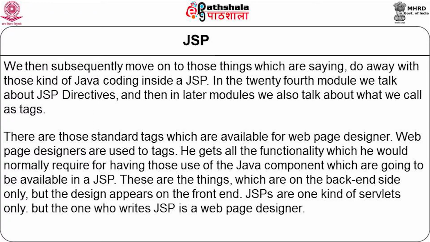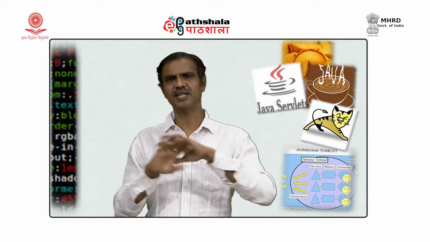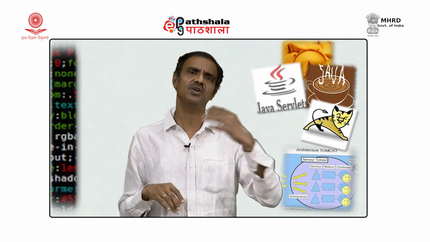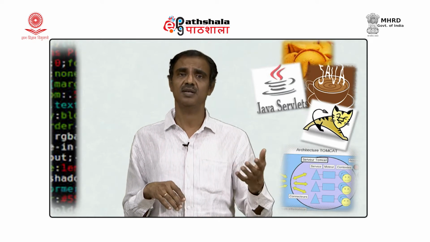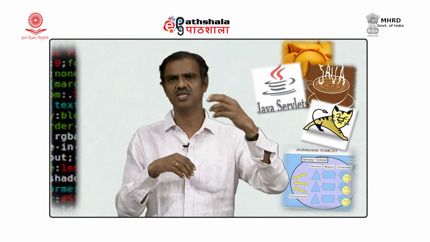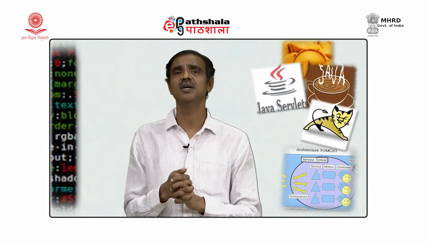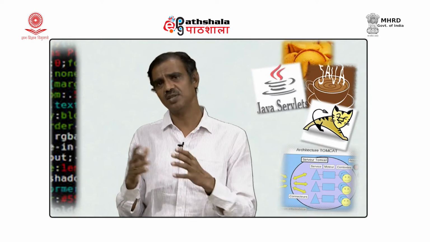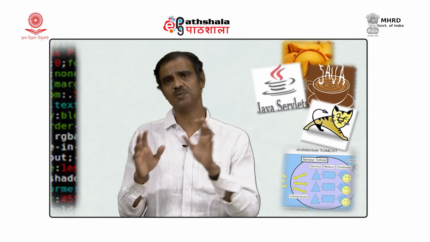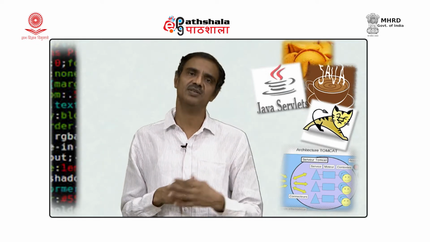Even using tags, he gets all the functionality which he would normally require in a JSP, for using the Java components available there. So, these are things which are on the back end side only. JSPs also work on the back end side, but it is a design which appears on the front end.